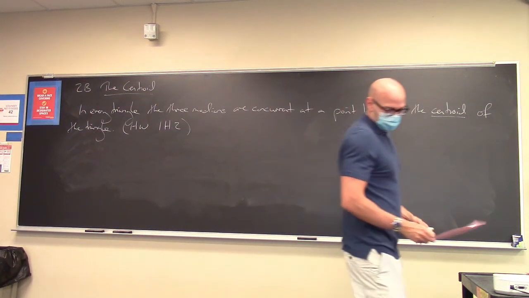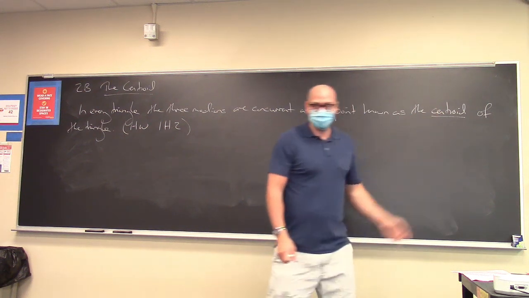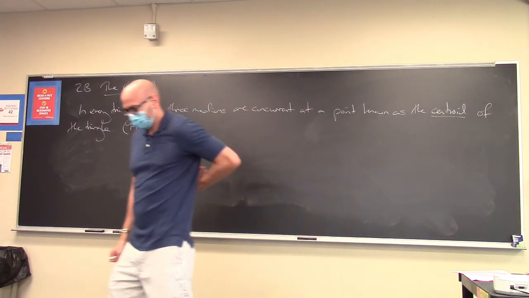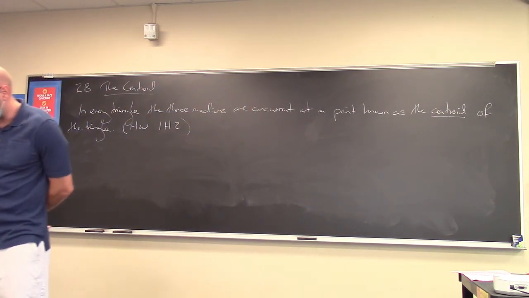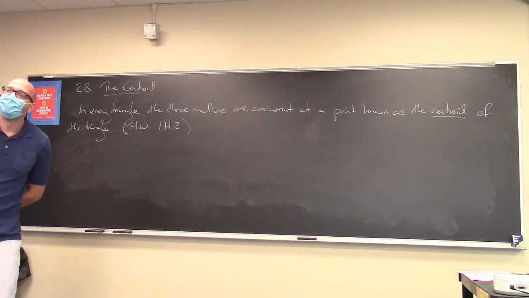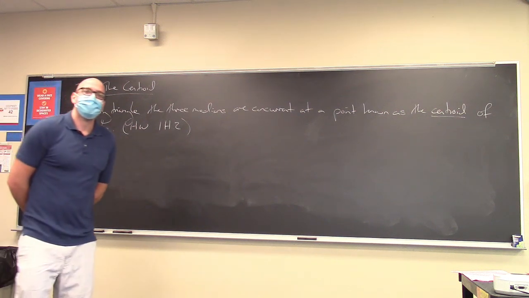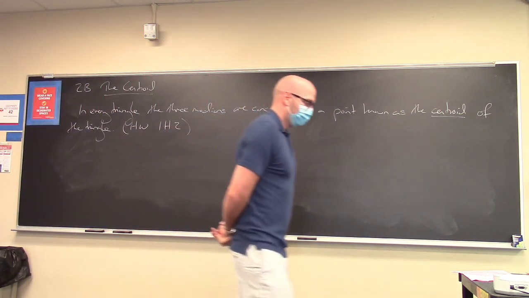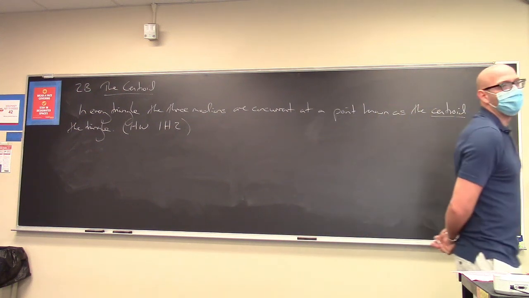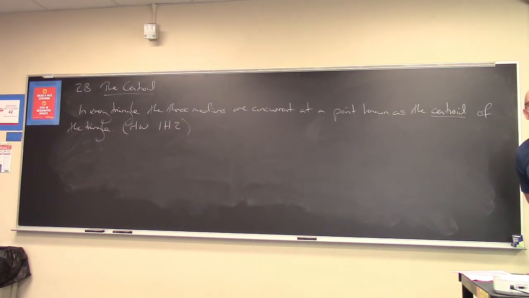By the way, I know that you've seen this word before. Where else in math have you seen the word centroid? Do you recall centroids of figures before? Calculus, Cal 2, even Cal 3. Finding centers of mass of thin plates.